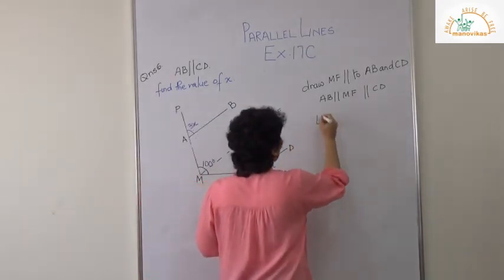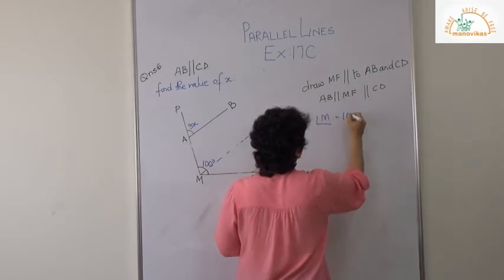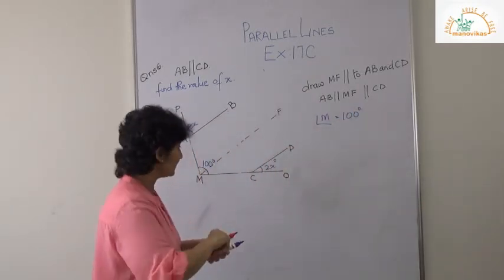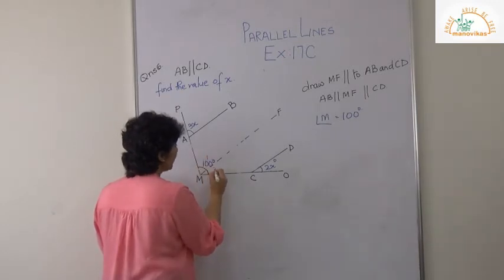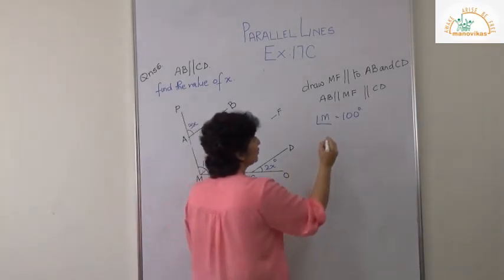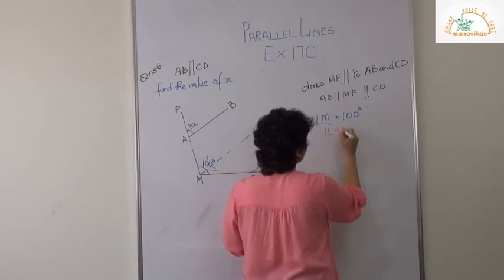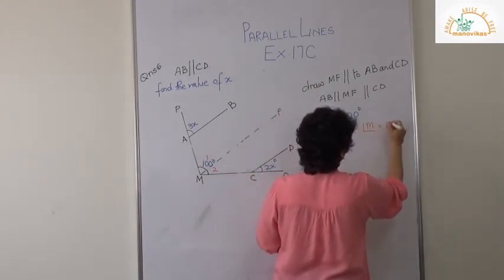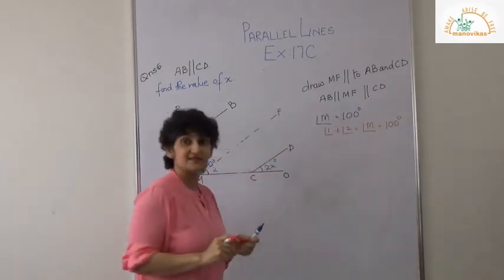Now angle N, let me divide this as 1 and 2. You know angle 1 plus angle 2 is equal to angle M, which is equal to 100 degrees.